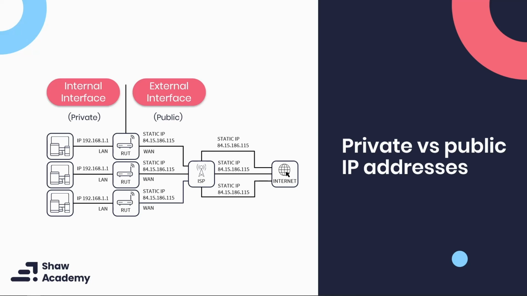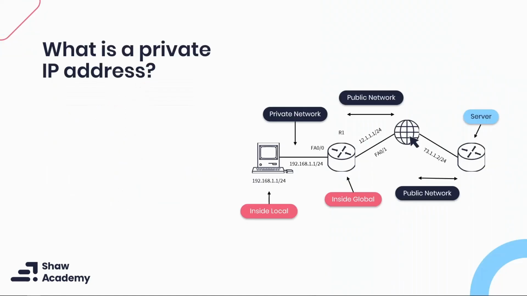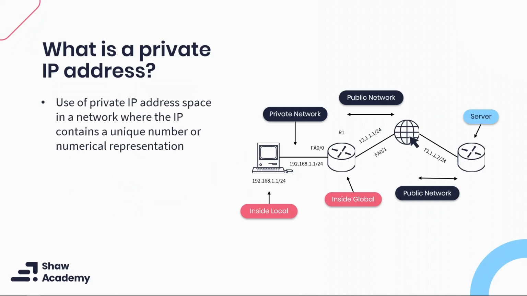Now, in this section, we will cover several important aspects of logical addressing in a network. For starters, let's discuss the difference between private and public IP addresses. A private IP address can be viewed as the use of a private IP address space in a network, where the IP contains a unique number or numerical representation that identifies specific devices on the network.